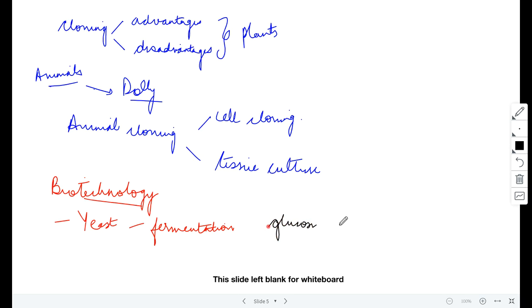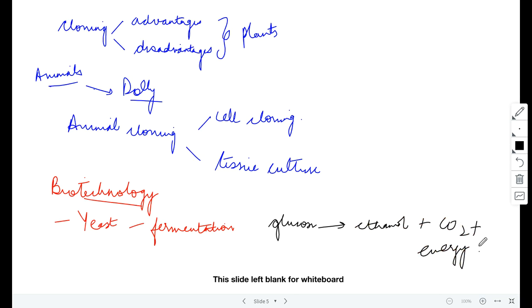In fermentation, if you see the glucose, in the absence of oxygen, it gets transformed into ethanol plus carbon dioxide, and it also releases energy, right?